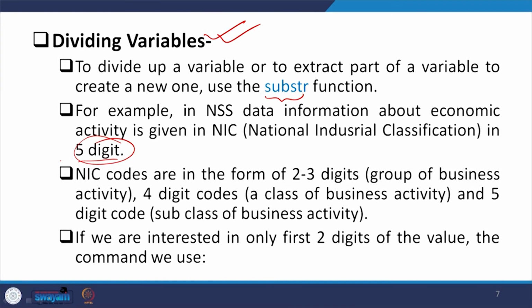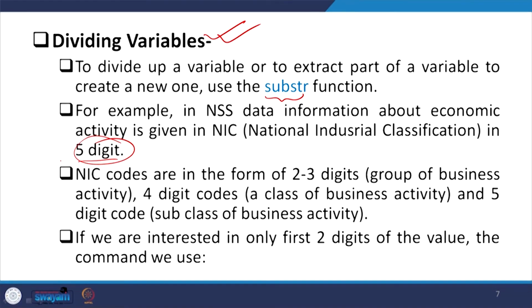The 5-digit level is composed of 2 to 3 digit combinations, which is basically a group of business activities. Out of those 5 digits, generally the first 2 to 3 digits keep a group of business activities. Then the 4-digit is a class of business activities. Then the 5th one is the sub code, the sub classification of the business activities.